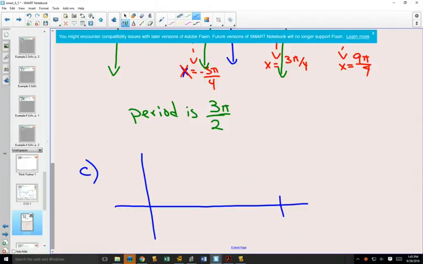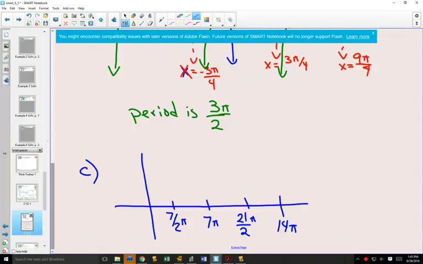So one period's going to be 14 pi. If you cut that in half, you would get 7 pi. Cut that in half, you'd get 7 over 2 pi. If you count, 1 7 over 2, 2 7 over 2s, 3 7 over 2s, 3 times 7 is 21, so 21 pi over 2.